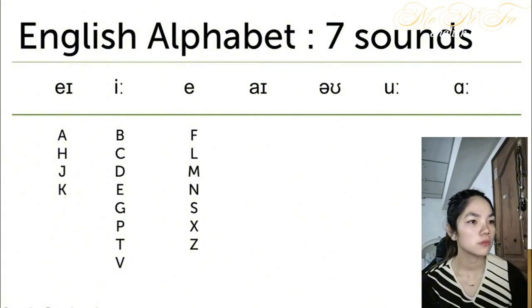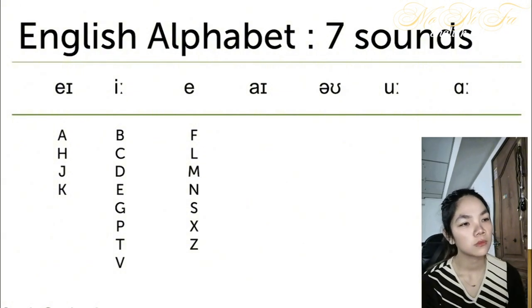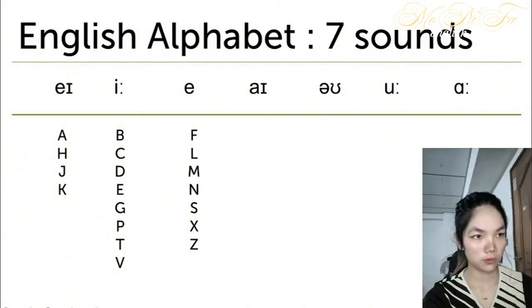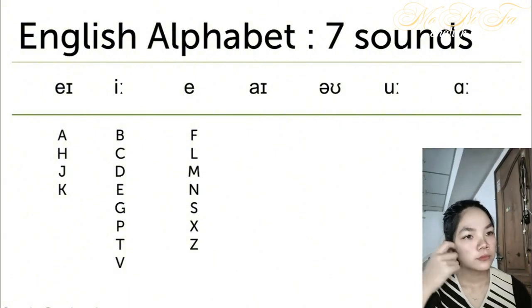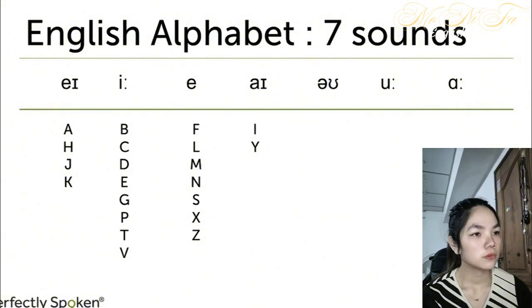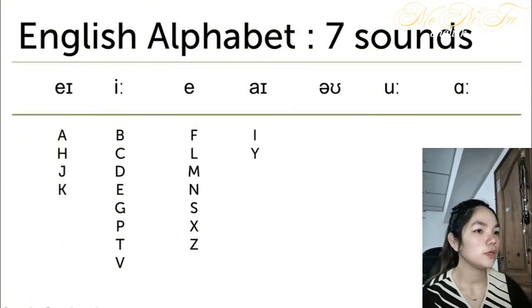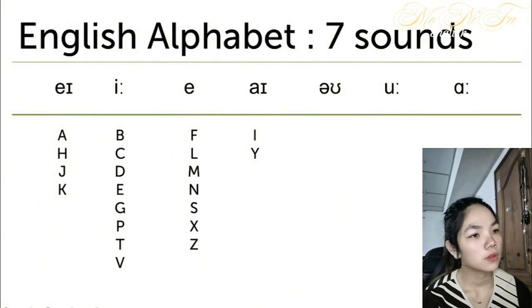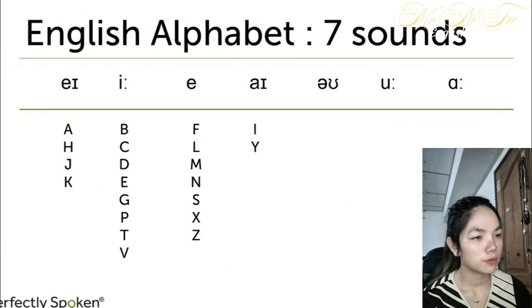So we have F, L, M, N, S, X, Z. Again, F, L, M, N, S, X, Z. Okay, the next one, just 2 letters, I. And we have I and Y. I and Y.